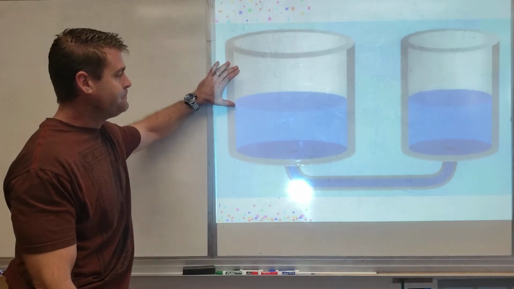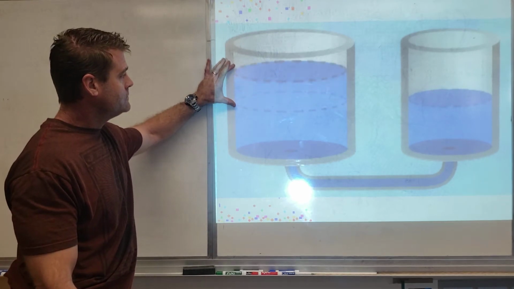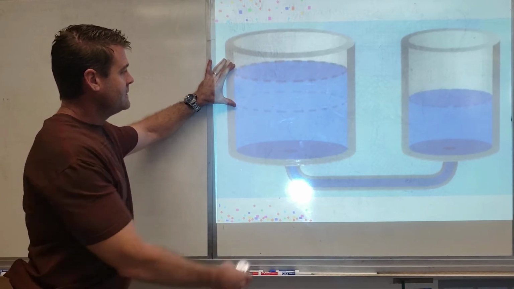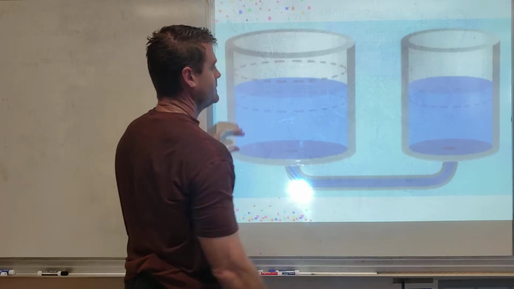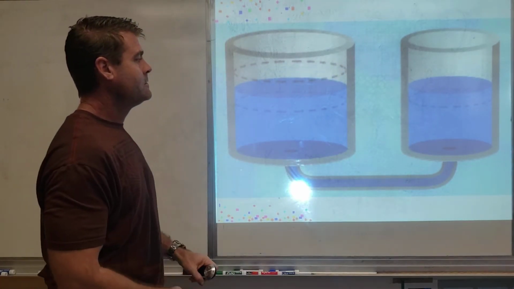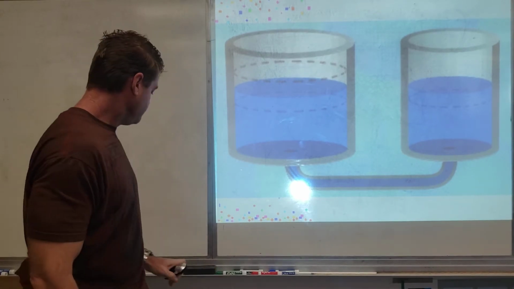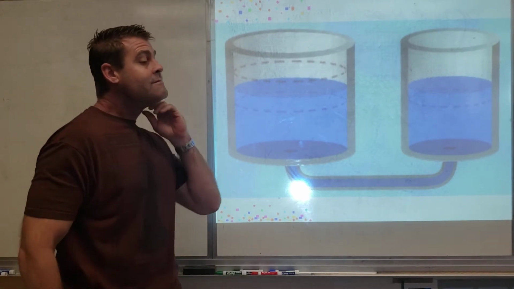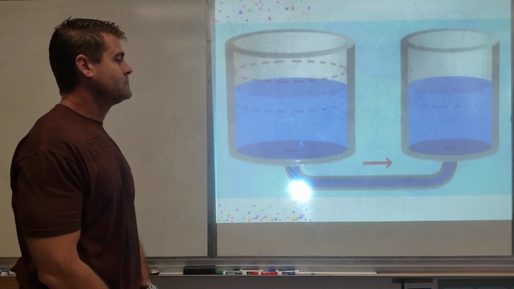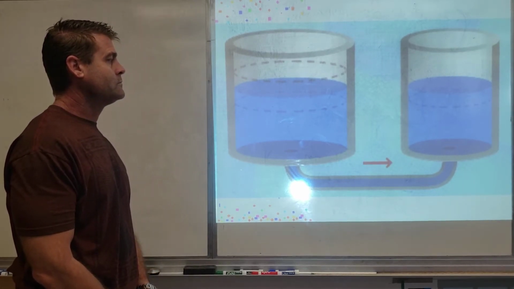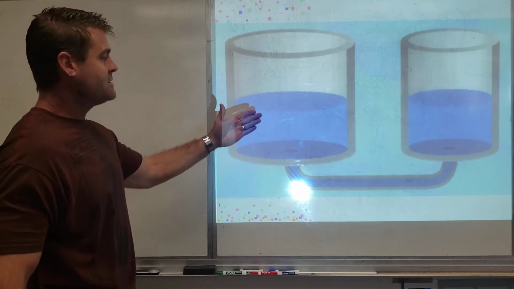Okay, let's see. When water is added to the tank on the left, the water moves from left to right. The level of water goes down a little on the left and up on the right. This is similar to adding more reactants to a reversible chemical system. The result is that more product forms because the forward reaction is favored until a new equilibrium is reached. We say the equilibrium has shifted to the right. So this was representing the reactants.